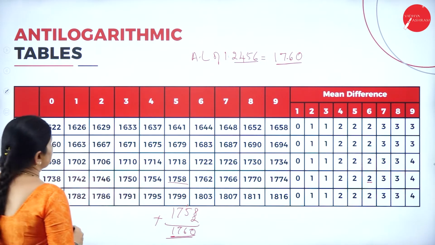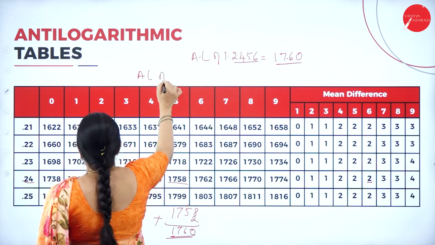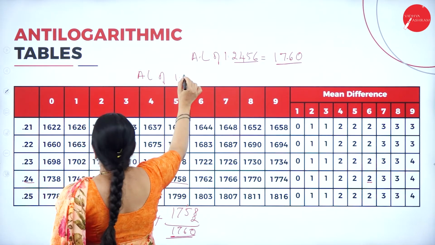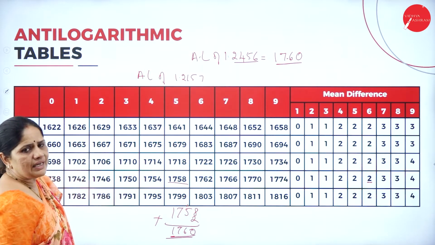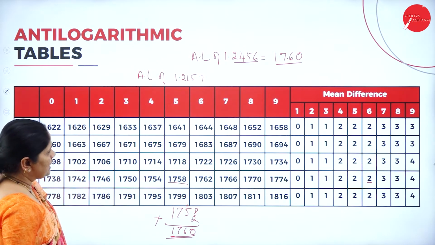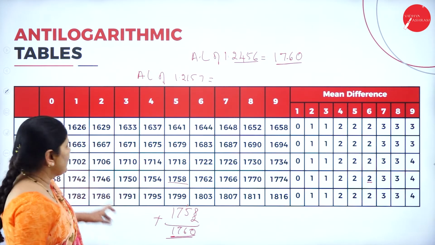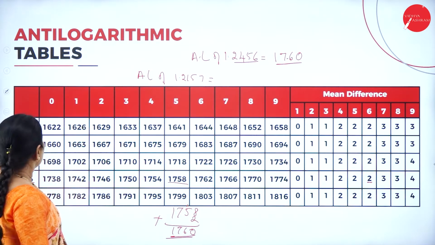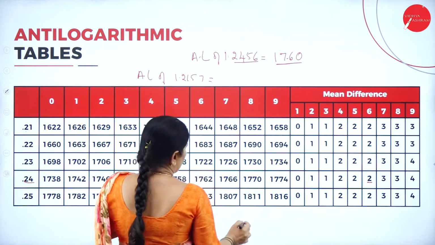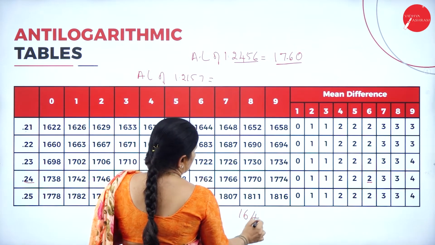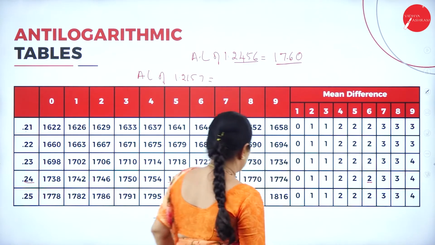Now I will give you one more example. Find out the antilog of 1.2157. What should I do first? I will see the 21. Where is 0.21? 0.21 is here. Now the fifth column, 1641 plus 7, it is 3.